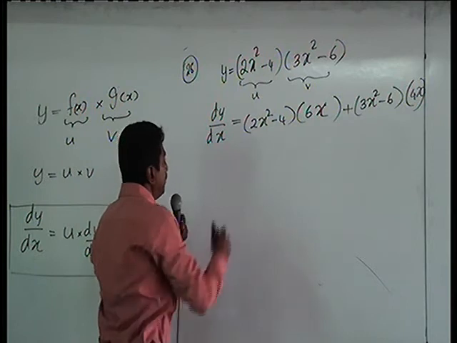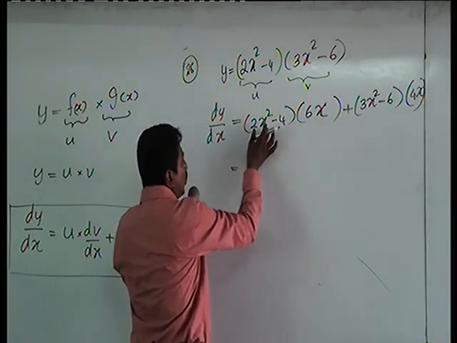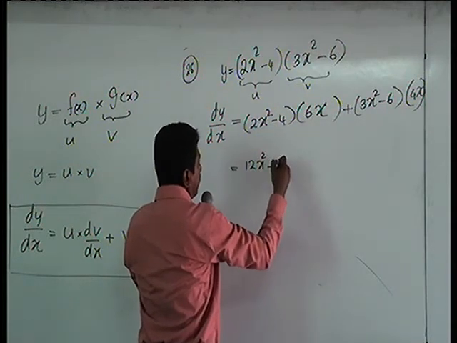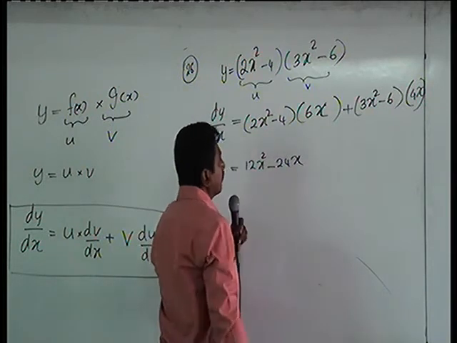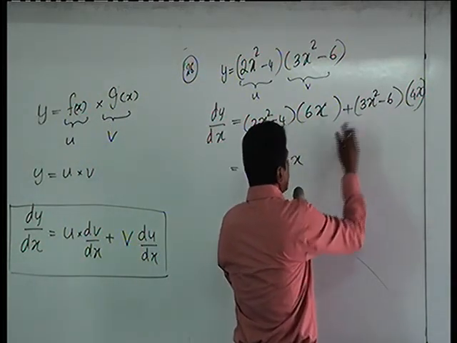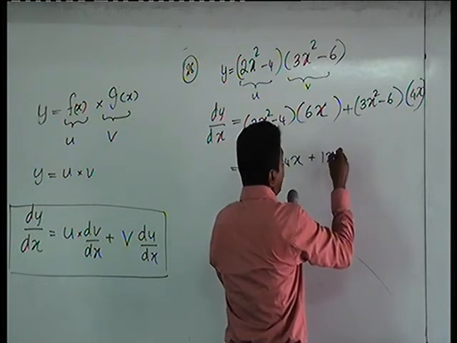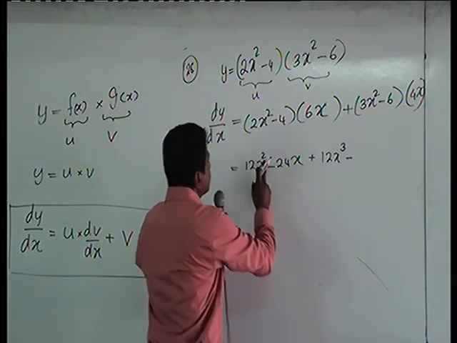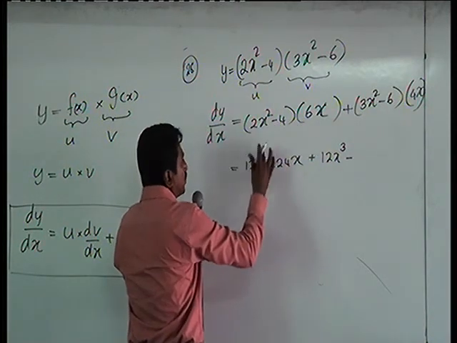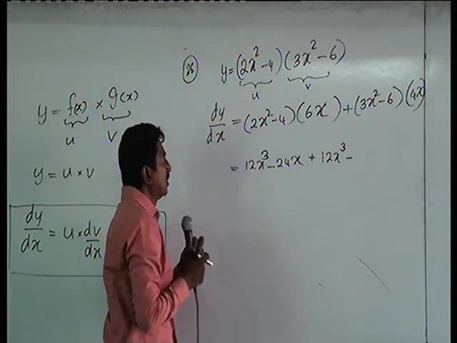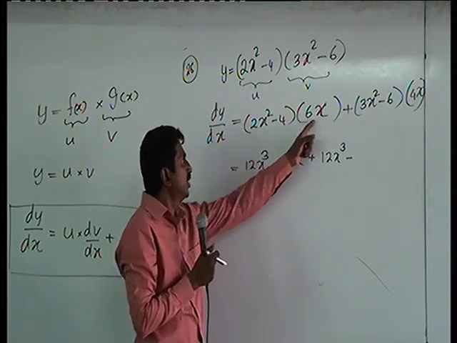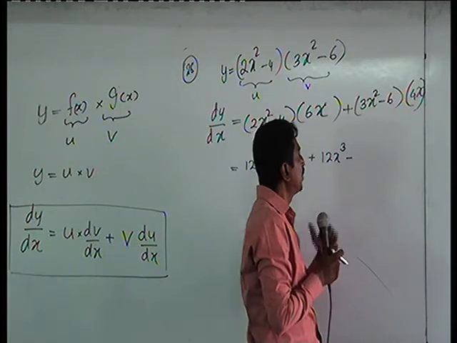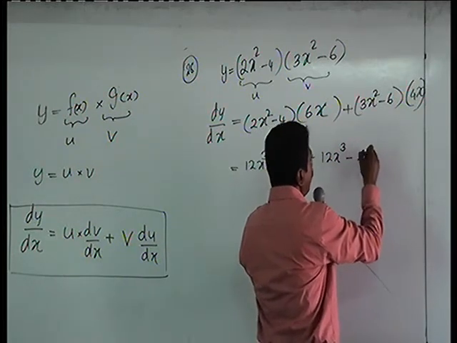So you can simplify. 6x into 2x squared, that is 12x cubed. 6x into minus 4, that is minus 24x. 4x into 3x squared is 12x to the power 3. Sorry, this is a mistake here: 6 into 2, 12, x squared into x is x to the power 3. This one also, 4 into 3, 12, x to the power 3, minus 24x.